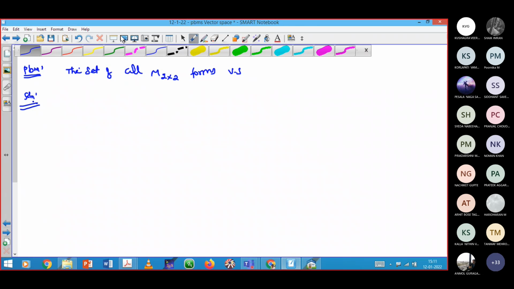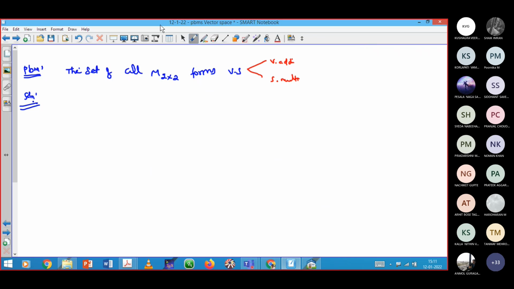Forms a vector space means you need to check two conditions: vector addition and scalar multiplication. You have to verify both cases. Any guess what M2 by 2 means? A 2 by 2 matrix. Very good. It can be any matrix with dimension 2 by 2.